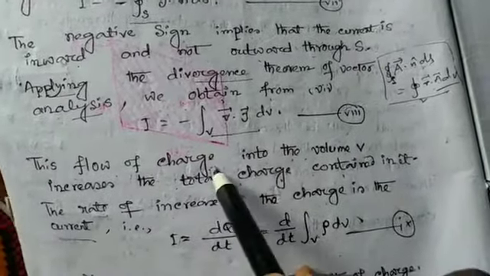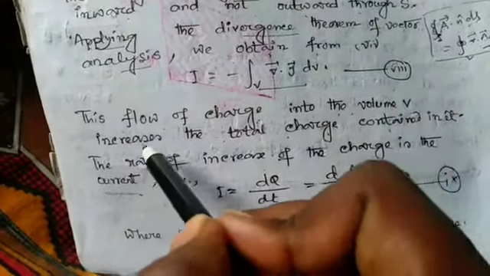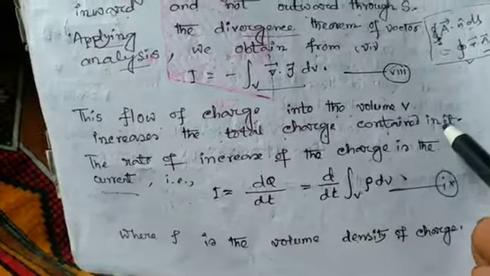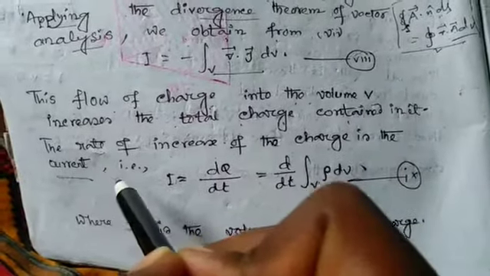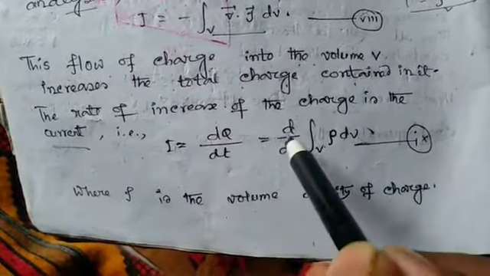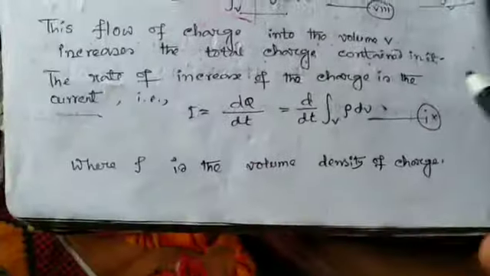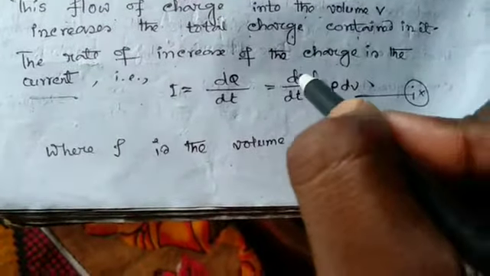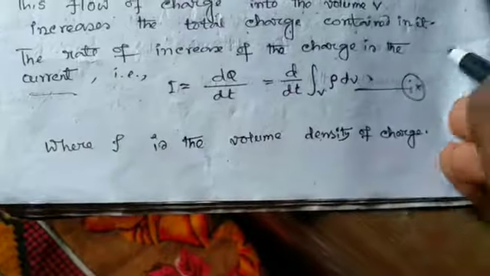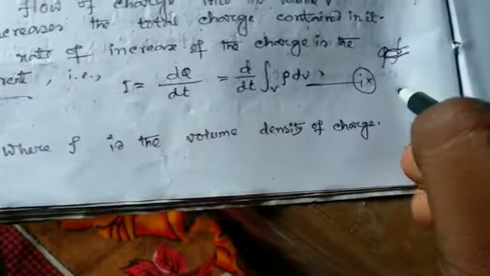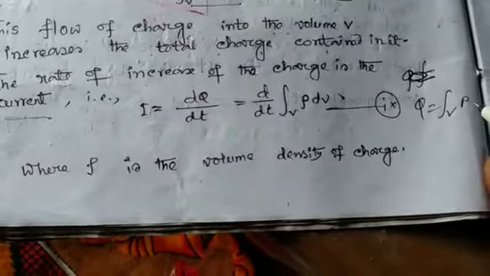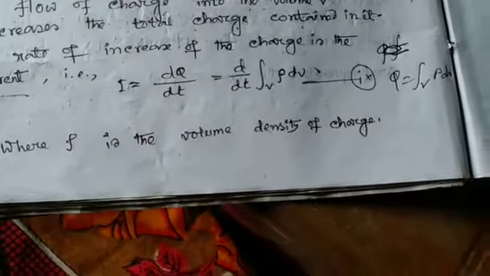This flow of charge into volume V increases the total charge content in it. The rate of increase of charge is current. So I equals dq by dt, that is d by dt of q, where q equals the volume integral of rho dV.